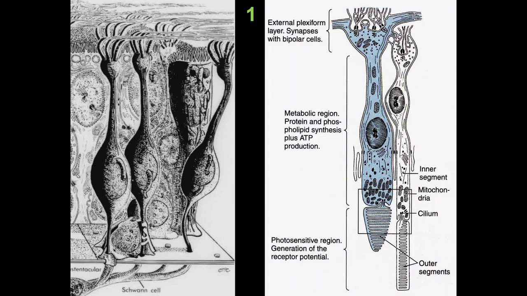Yes, I can see some rods and cones. I just wanted to explain in this number 1 slide that these are the primary neurons. We will start with the olfactory epithelium eventually, but the cones and rods and the olfactory cells are primary neurons. They really are neural cells.